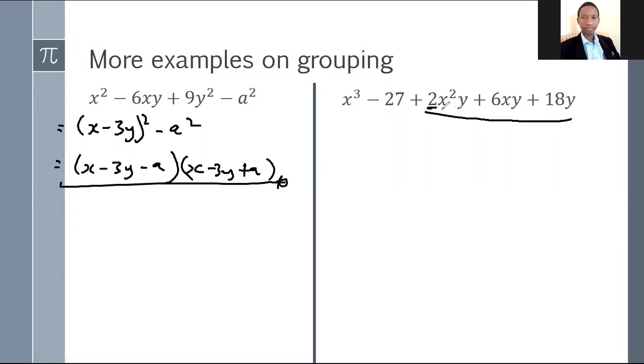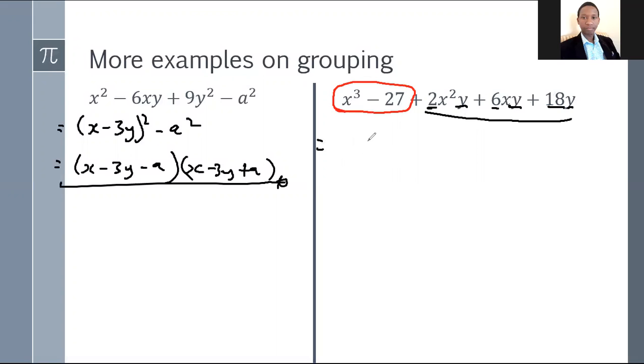In terms of numbers, 2 goes into 2, 6, and 18. In terms of variables, y is also common in every term of this block here. And you can realize the grouping here is quite nice, because what is left on the other side here is actually the difference of 2 cubes. So you see why I reserved grouping as the last point of discussion in our talk.